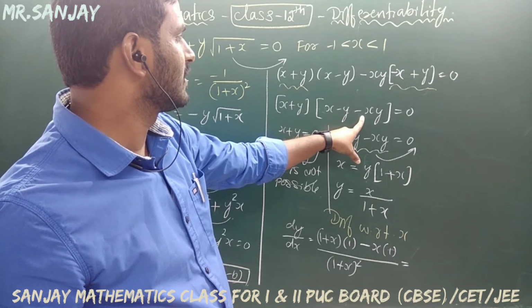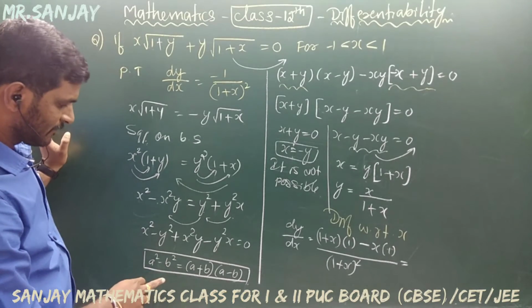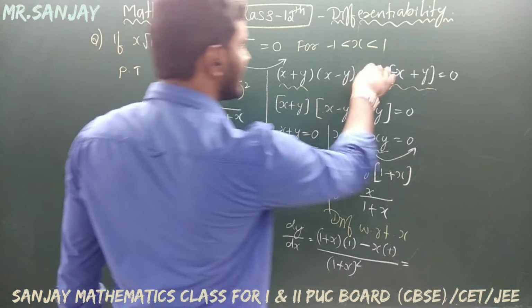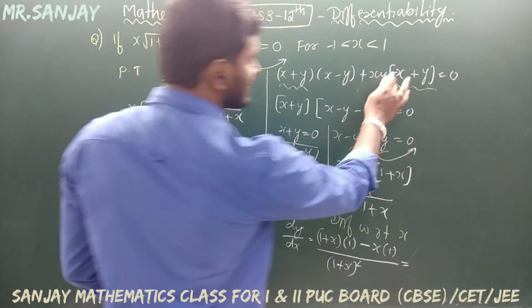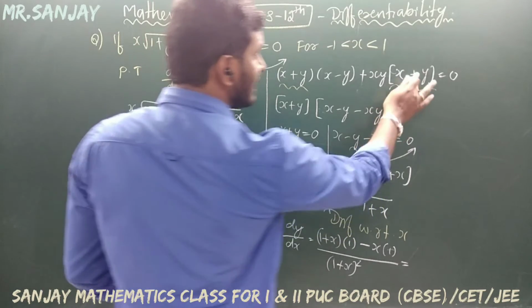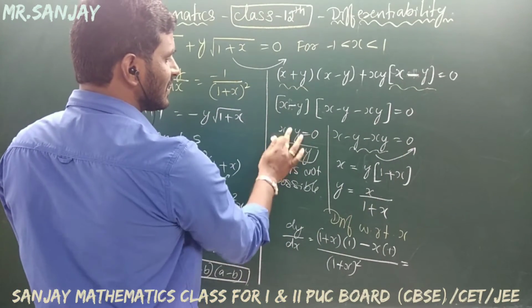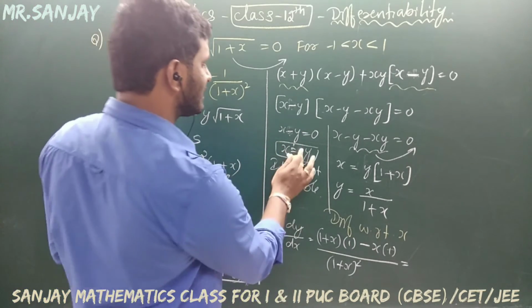Let me take plus x plus y is a common here. Plus xy is common. If I take plus xy as common, remaining is plus x minus. Make it minus. Here also minus. So not minus, it is plus.